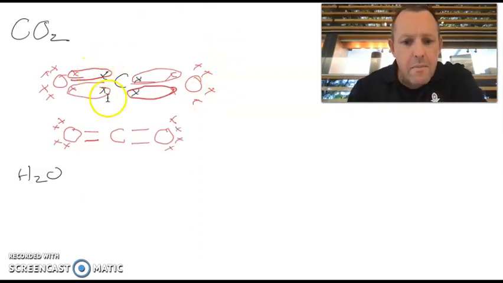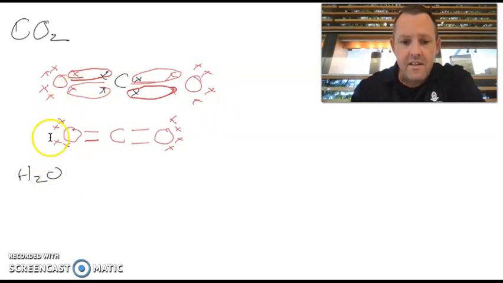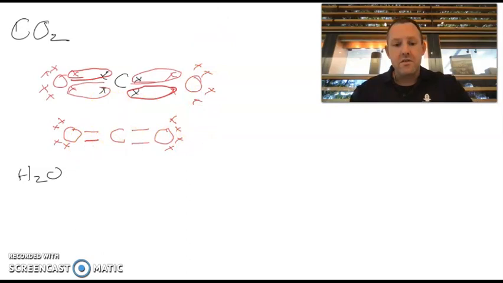And around the carbon, what you'll notice is all the valence electrons are actually included in my shared pairs, so I don't need to draw any more into that. And this is our diagrammatic representation of what carbon dioxide actually looks like. We'll have a look at water as well.